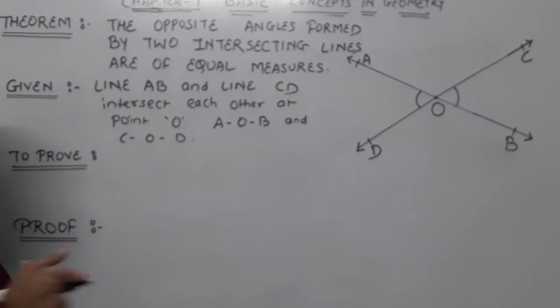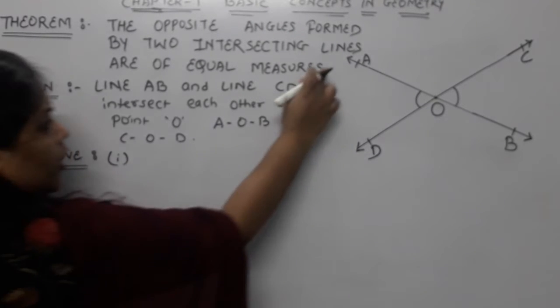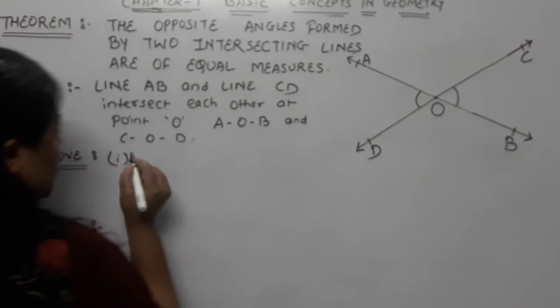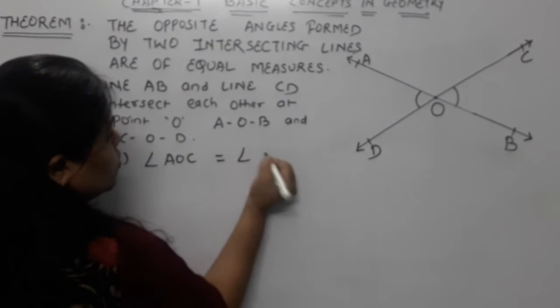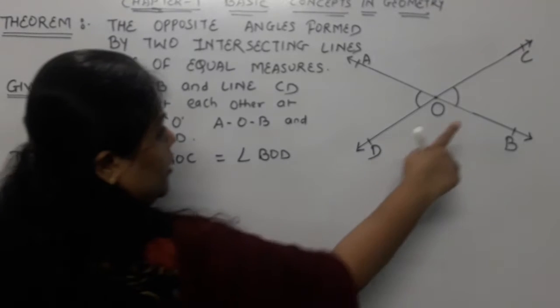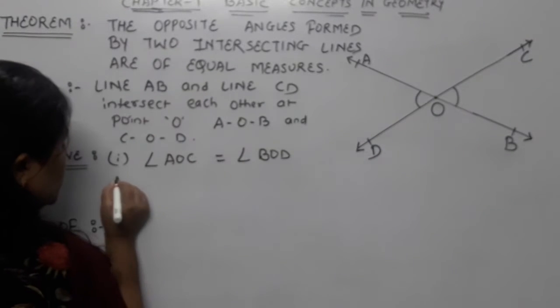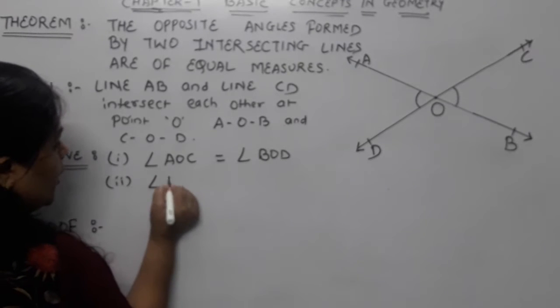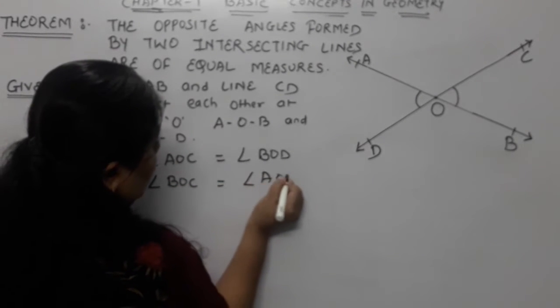So we have two pairs of opposite angles. First pair is AOC and BOD, so I'll write angle AOC equal to angle BOD. And the second pair is BOC and AOD, so angle BOC equal to angle AOD.